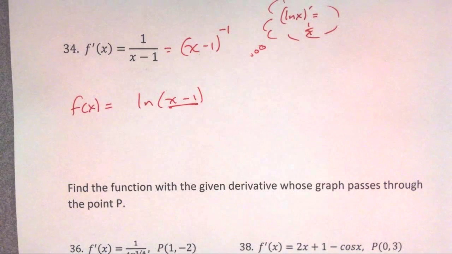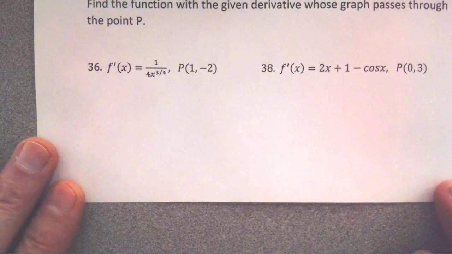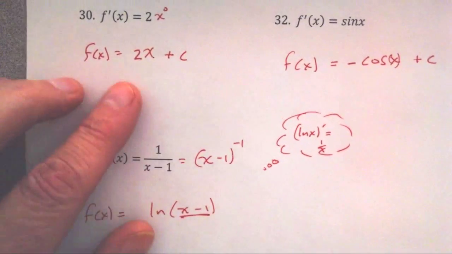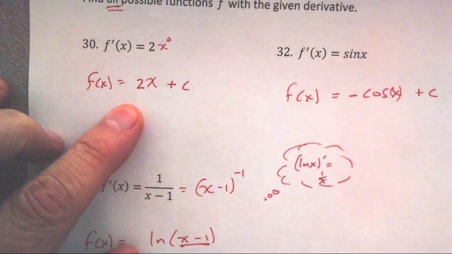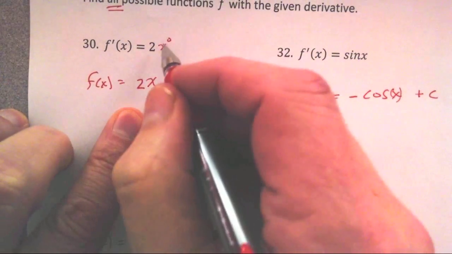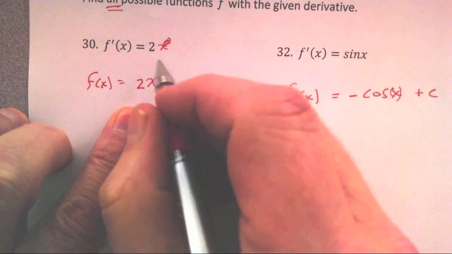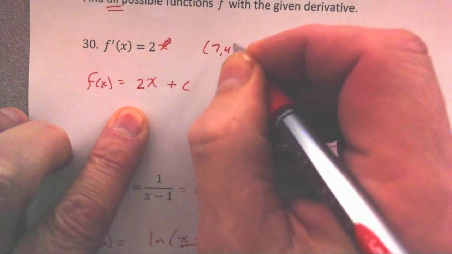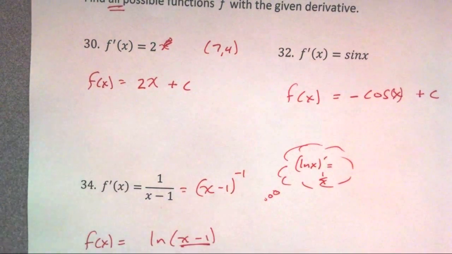You're going to get plenty of rules, and some of those we could probably just make up some rules along the way. You're going to get rules for this, but we don't have them yet. Okay, now find the function. So if I go back up to this one, if this said find the function whose derivative is 2 and it passes through the point 7, 4, you can imagine what we could do here.